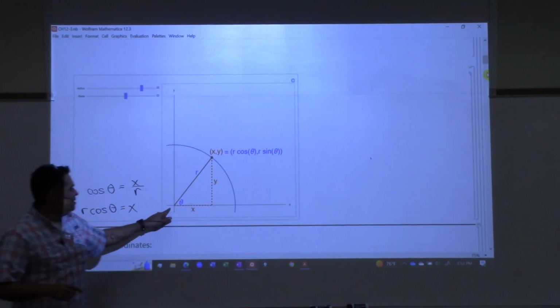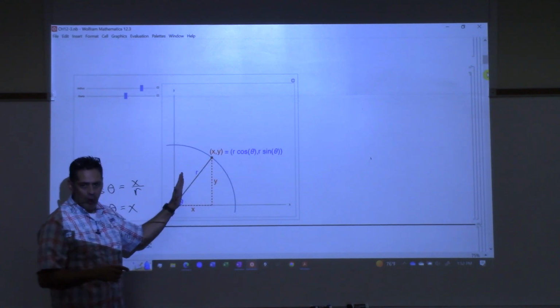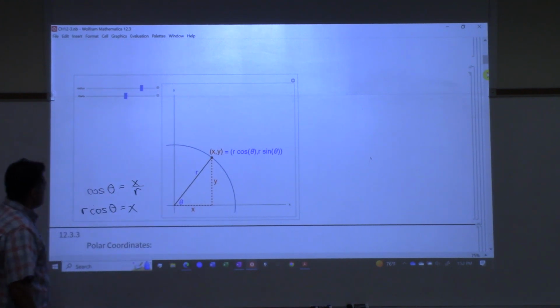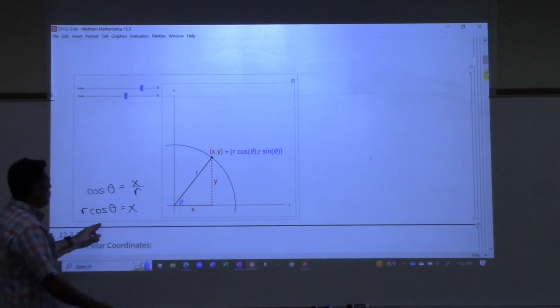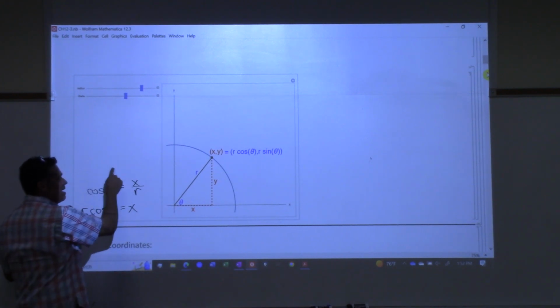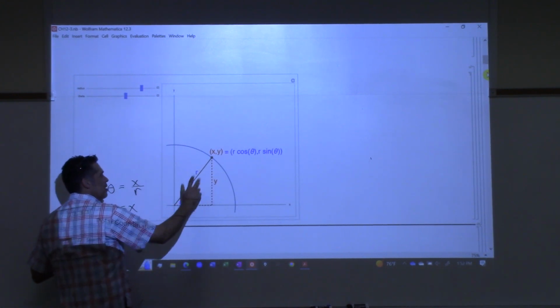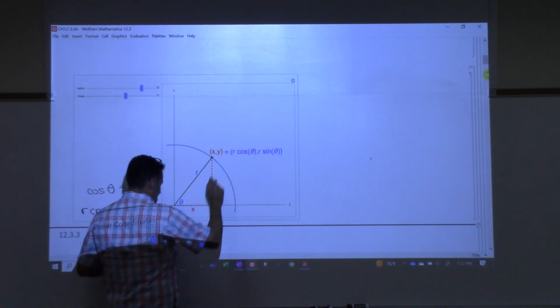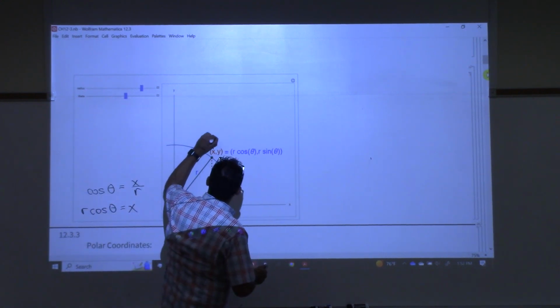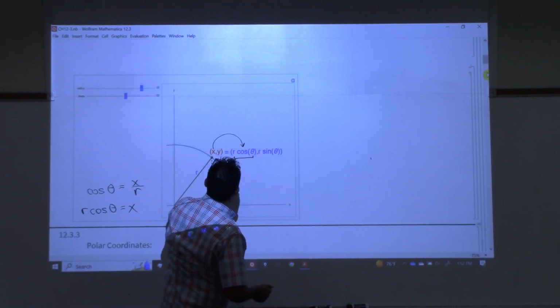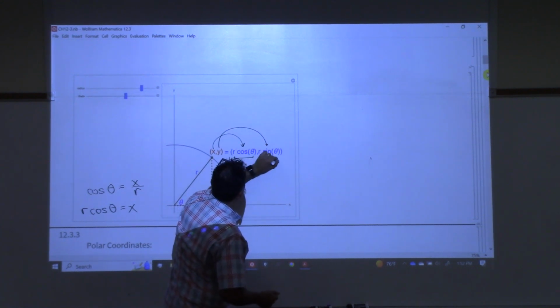Similarly, we can figure out what the y is by doing sine of theta, which is y over r, and then multiplying both sides by r. So the x-coordinate is always r cosine theta, and the y-coordinate is always r sine theta.